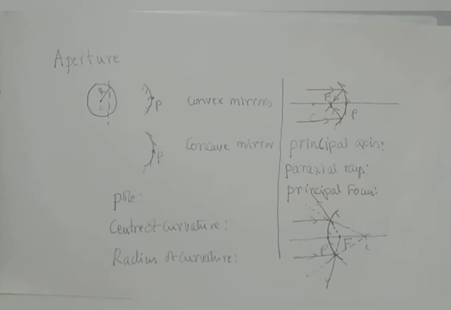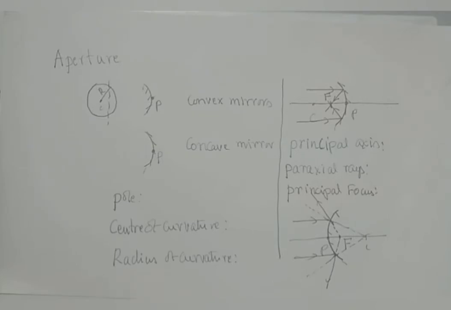Before proceeding further, we just recap all the words we learned now for the curved surface. First of all, aperture: the area available for reflection. Next, convex mirror or concave mirror, totally a spherical mirror. A spherical mirror is a mirror obtained from a part of a sphere, and convex mirror means where the outer surface is reflecting. Concave mirror means where the inner surface is reflecting.